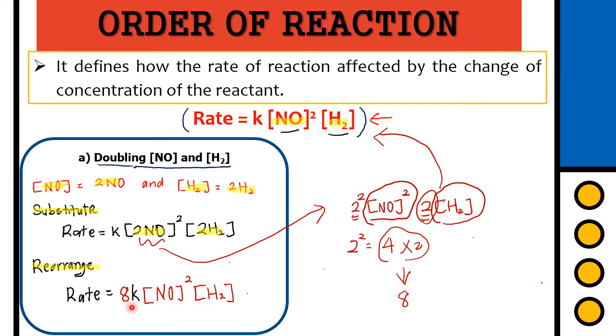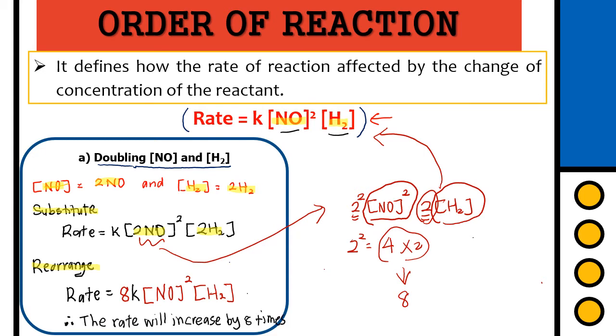So the number 8 here shows the effect of doubling the concentration of NO and H2 on the rate of reaction. So we can conclude here that by doubling concentration of NO and H2, what happens to our rate?